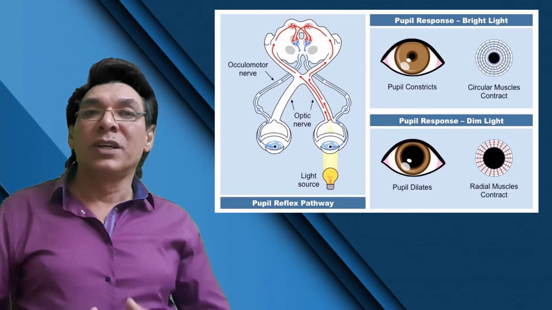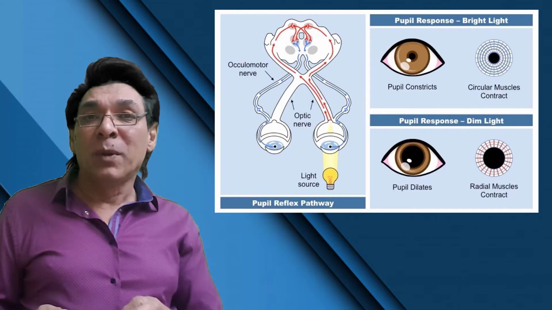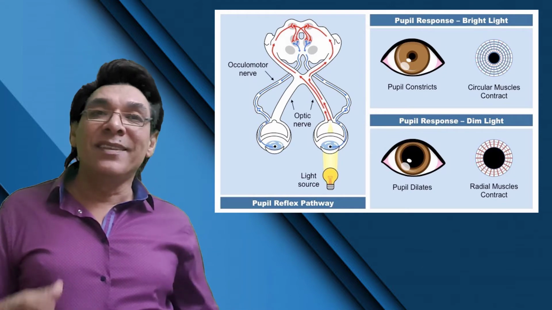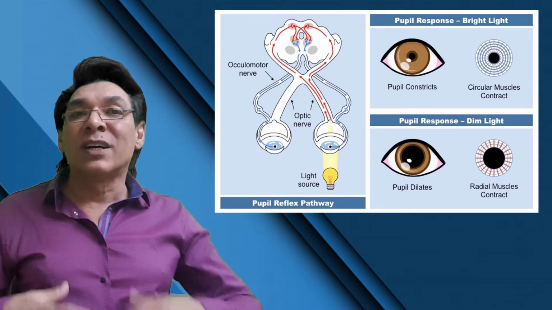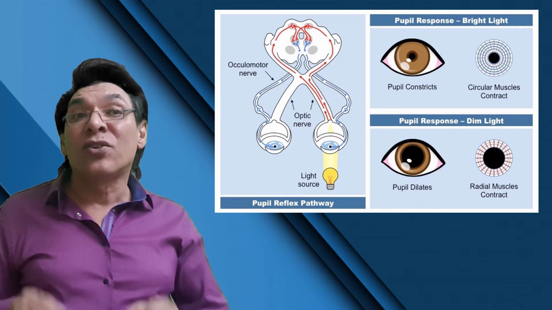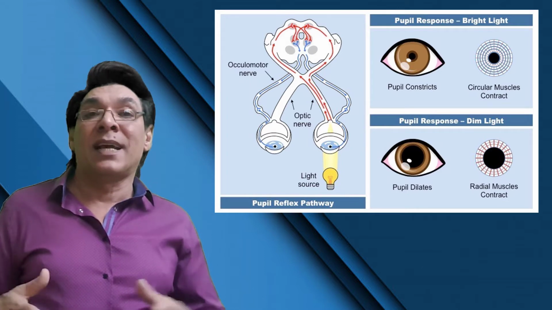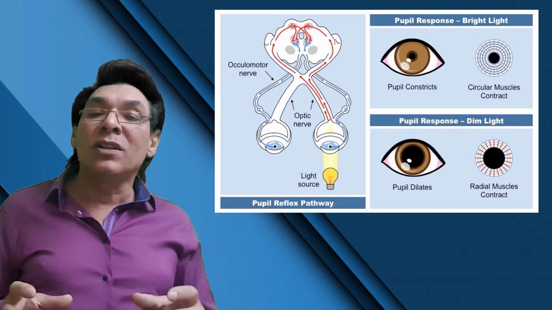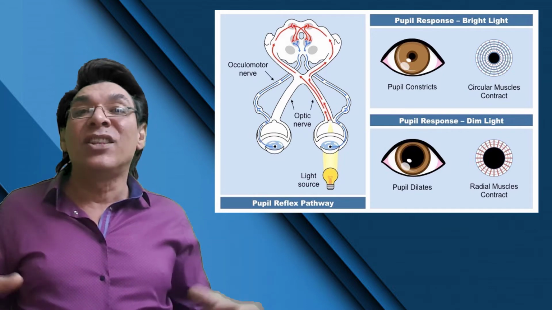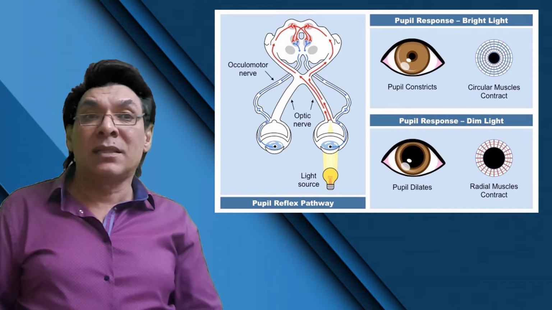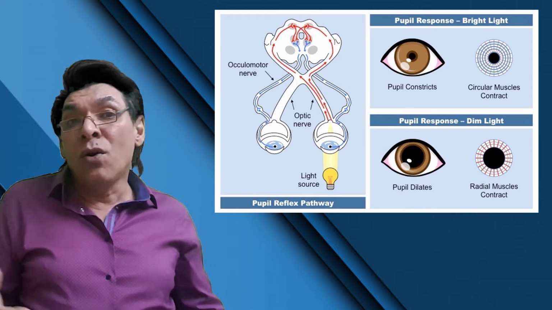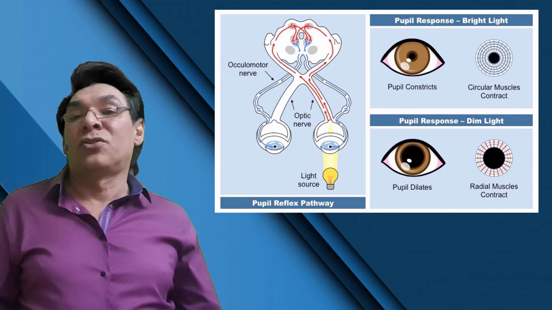The pupillary response. The pupil is an opening in the center of the iris. It's composed of a radial muscle that radiates away from the center and a circular muscle that is in the center. Contraction of the inner circular muscle fibers, in bright light, causes the pupil to constrict.